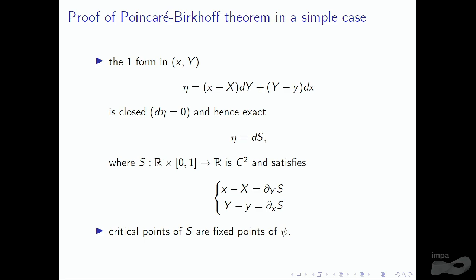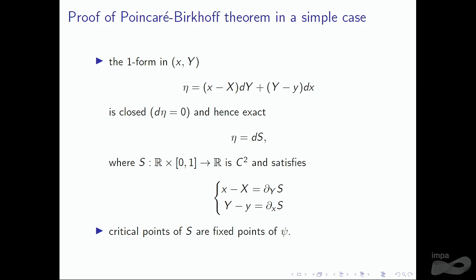So here is a one form on these coordinates here. Why? Because capital X depends on little x and little y, but little y, again, you can express as a function of this guy. Here we have capital Y, okay, capital Y, and again, little y can be expressed as a function of these guys. So this one form here is a one form in these coordinates here, okay?